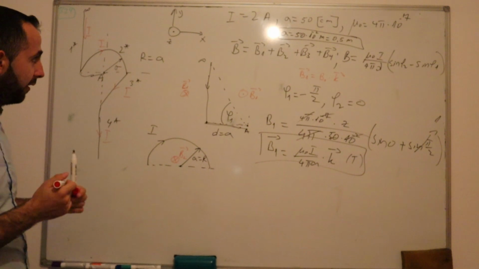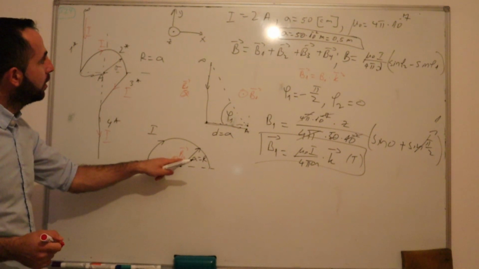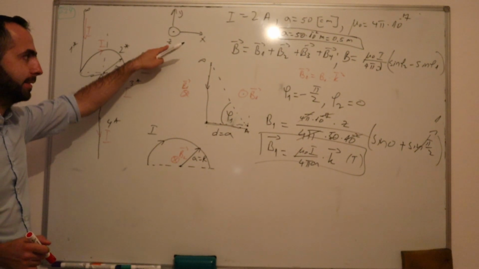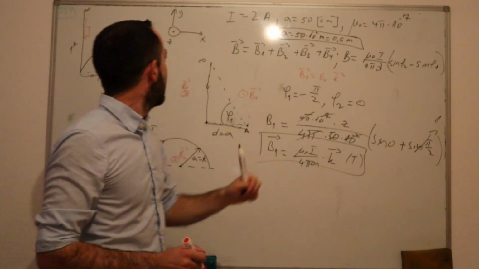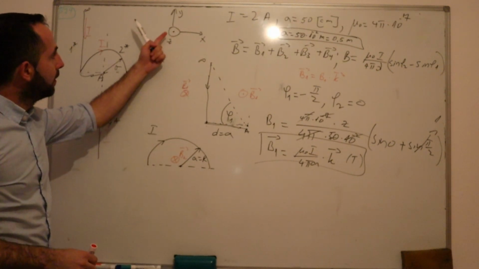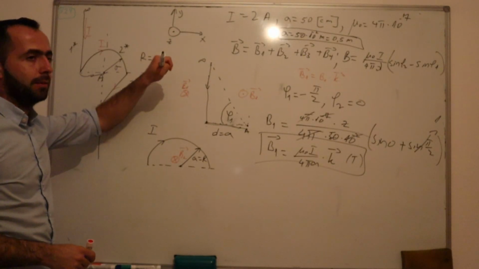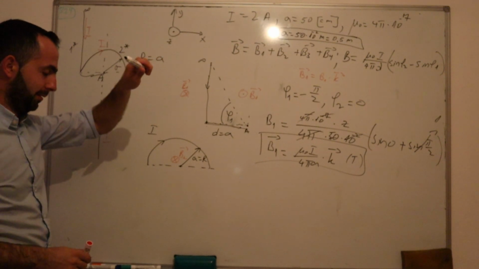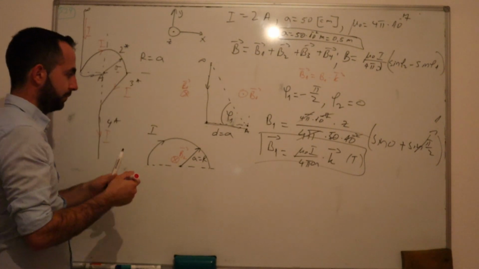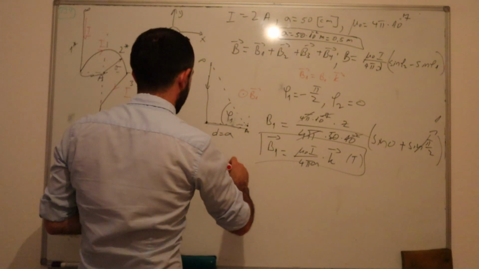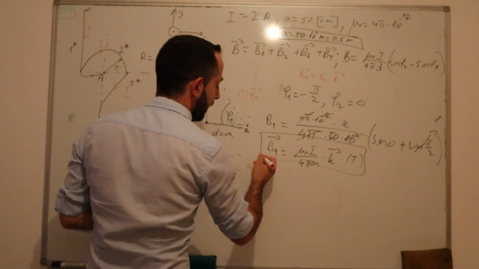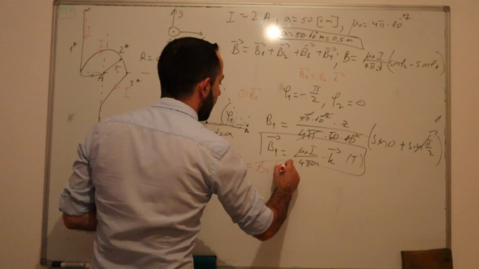Our magnetic field B2 has only one component, along the z-axis. It has k, but it has the opposite direction to the positive part of the z-axis. The positive part of the z-axis is towards you, but this vector points away, so its value will be B2 equals the intensity B2 times minus k.